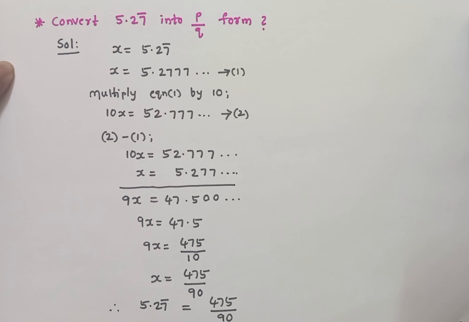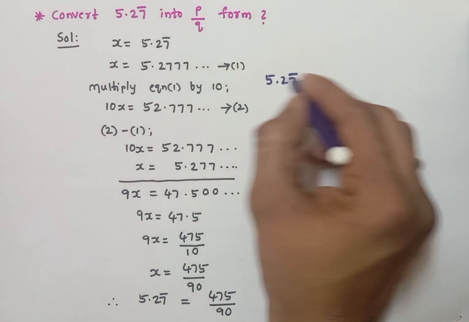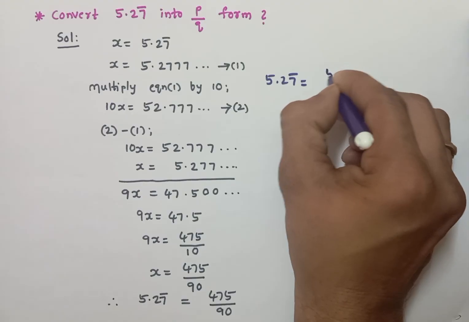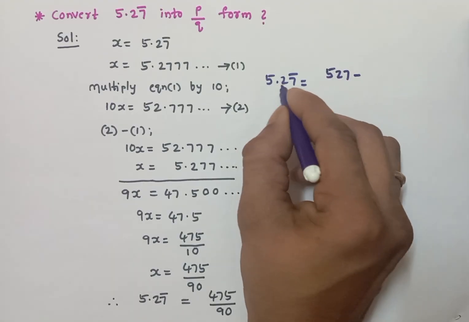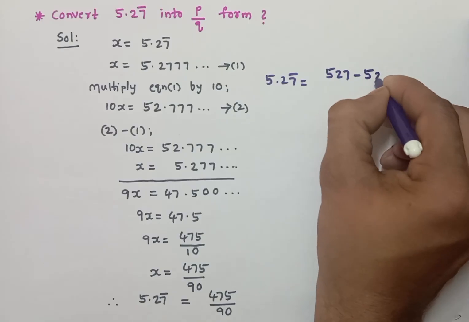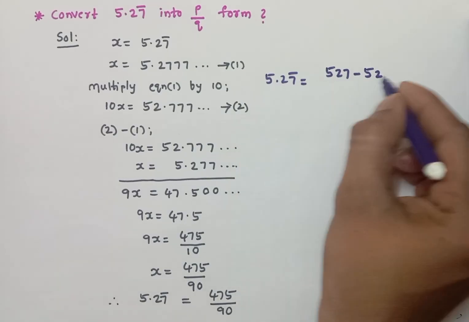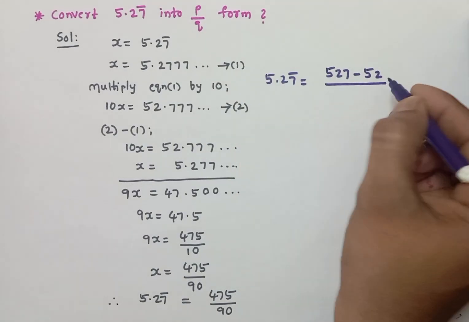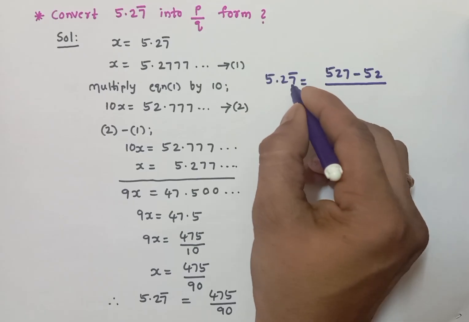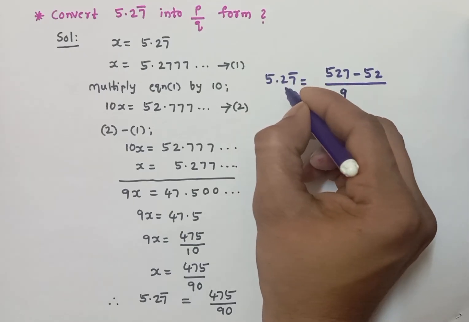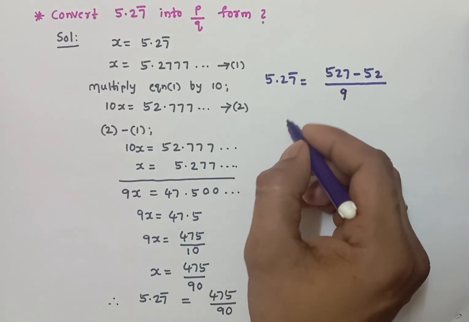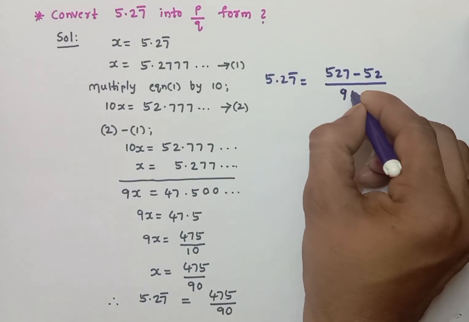Now let us see the shortcut for this. Listen carefully. 5.27 bar. Let us take the total number as discussed, 527, minus the digits which do not have bar, we have to subtract, that is 52 total. For 5 also bar is not there, 2 also not there, and divide by what we discussed: how many digits are having bar, that many nines we will take. And after the decimal point, if there is a digit without bar, that many zeros we have to include.